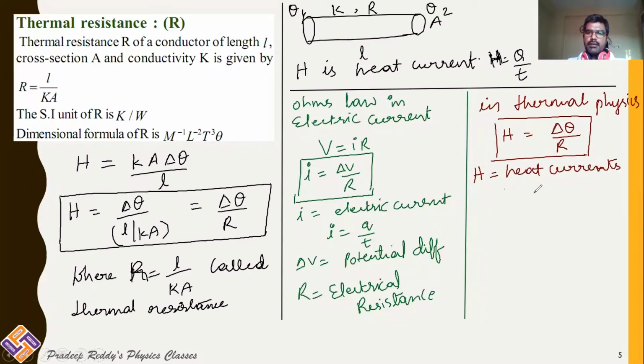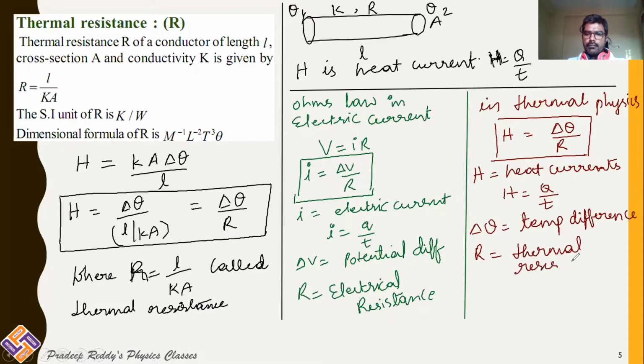Heat current H is equal to heat flown divided by time taken. Similarly, delta theta is the temperature difference, and R is thermal resistance. Thermal resistance R is equal to L divided by A into K.